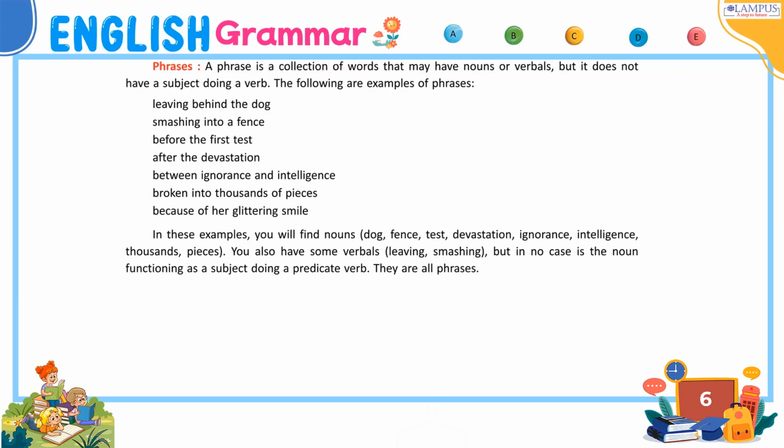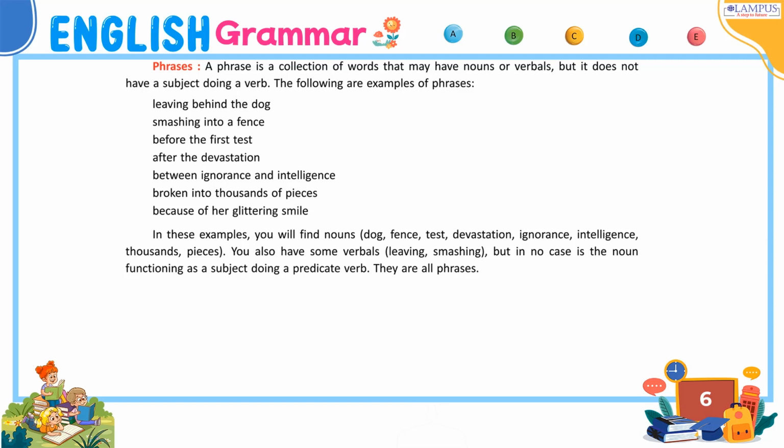Phrases. A phrase is a collection of words that may have nouns or verbals, but it does not have a subject doing a verb. The following are examples of phrases. Leaving behind the dog. Smashing into a fence. Before the first test. After the devastation. Between ignorance and intelligence. Broken into thousands of pieces.